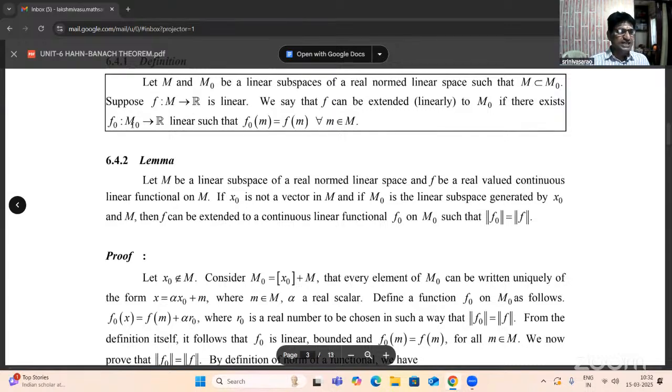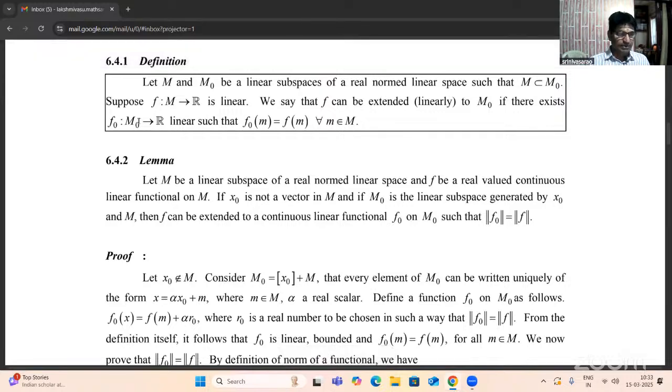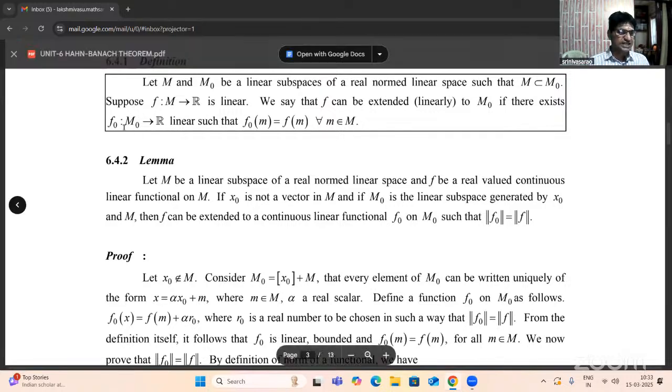Hence the relation is: for small m belonging to capital M, F0 of m equals F of m. Both linear functionals are equal with respect to M.